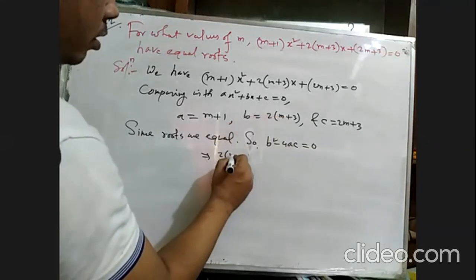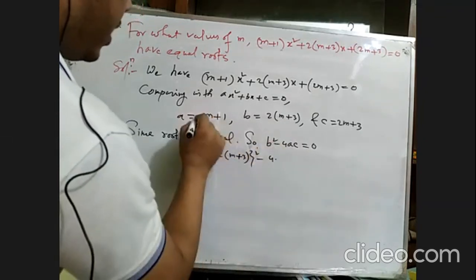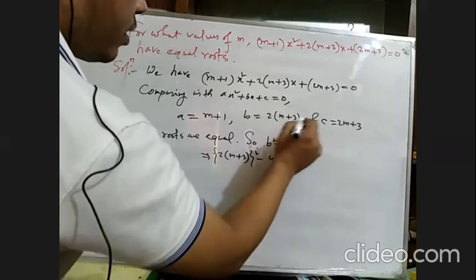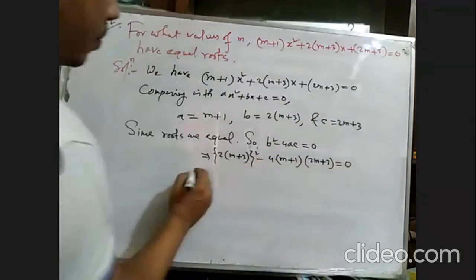So just putting here b equals to what? 2 into m plus 3 whole square minus 4, a is m plus 1, and c equals to twice m plus 3 equals to 0. Using the a plus b whole square formula, 4m square plus 12m plus 9. Then multiplication m plus 1 and twice m plus 3 equals to 0.